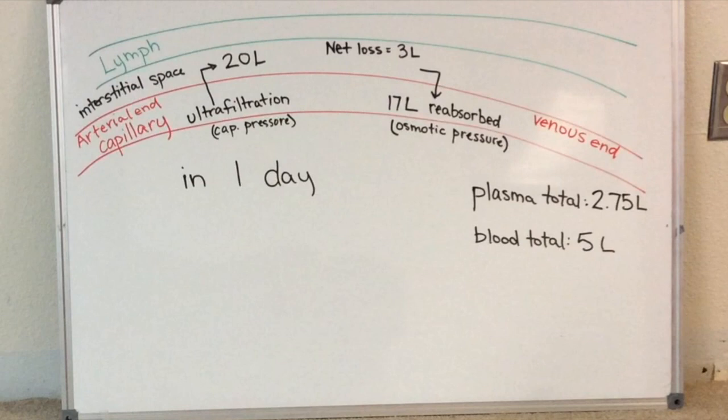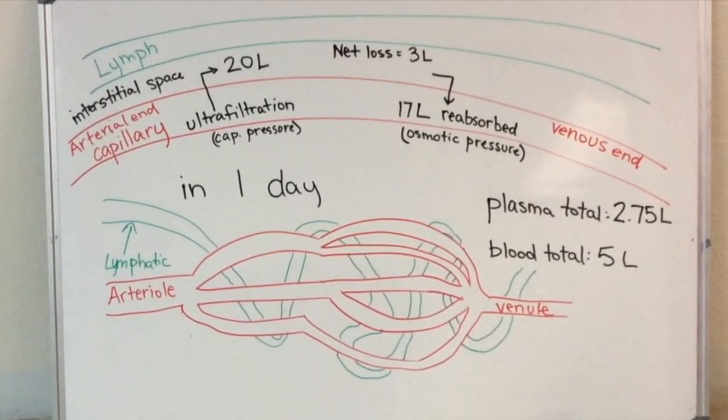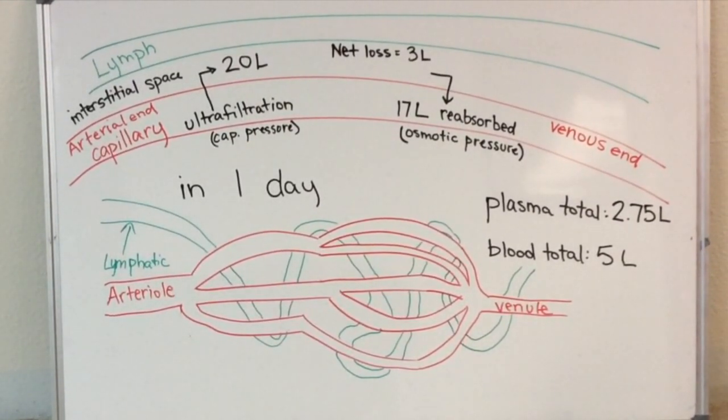How is this 3 liters of fluid eventually returned to the cardiovascular system? As blood moves from the arterioles into the capillaries, there's an extensive branching to increase the surface area of the capillaries. Intertwined within the capillaries is the lymphatic system. The lymphatic system serves as an immune defense by providing a pathway for lymphocytes to travel throughout the body.